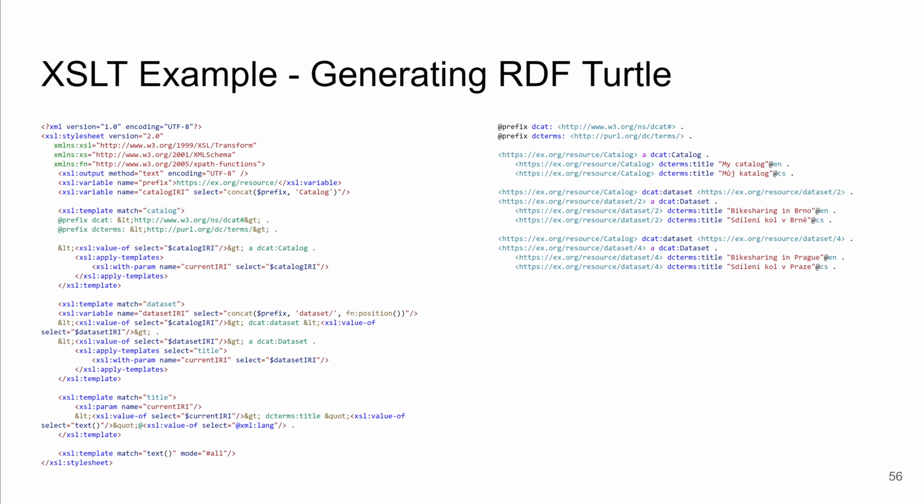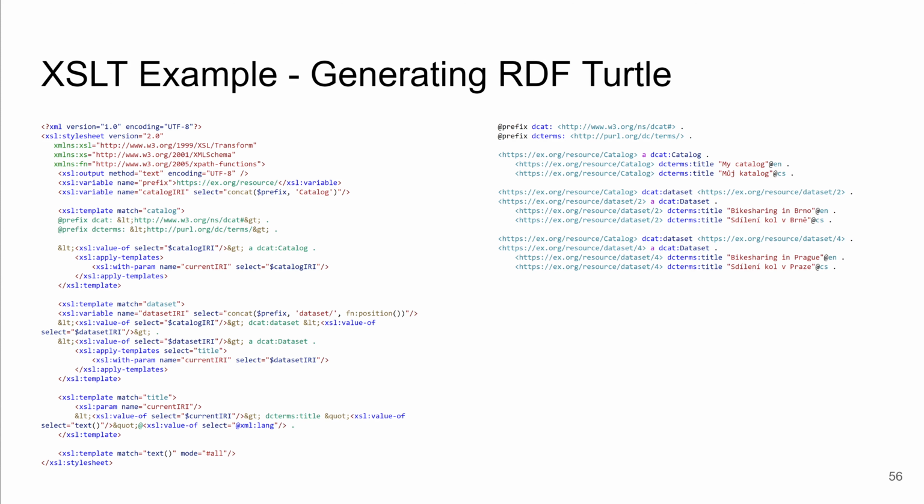So the IRIs are created by concatenating a common prefix with the position of the dataset element in the XML document. So the XML element position can be used to generate a distinguishing ID to be used in IRIs.